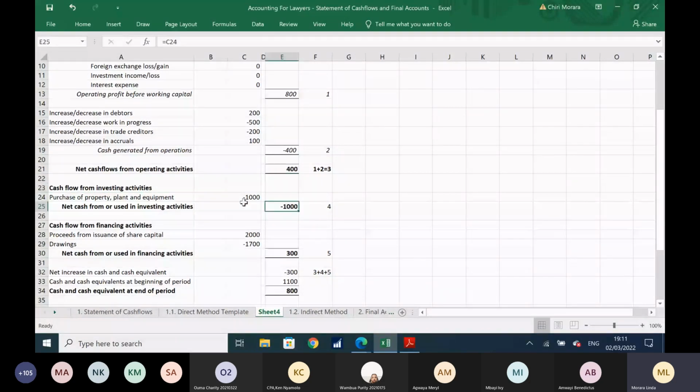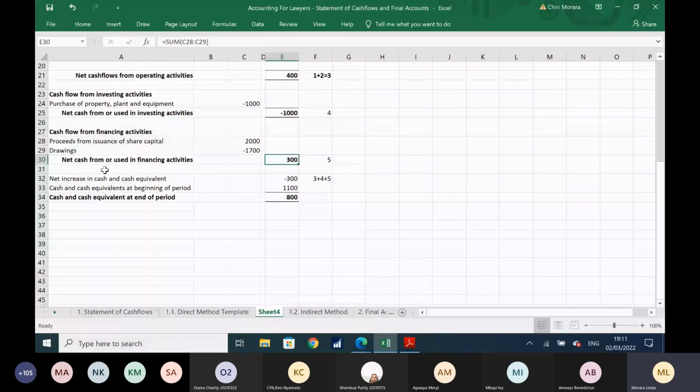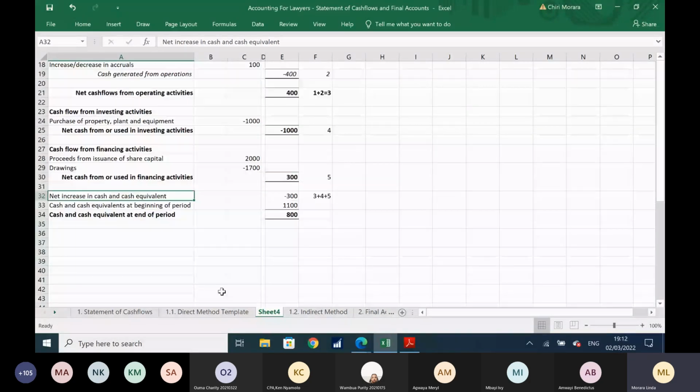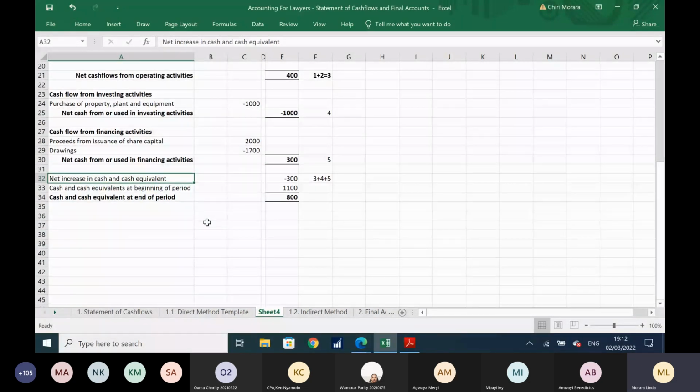Financing, the total was 300. For you to get the total cash flows, the net movement for that year, you're summing the totals from each of the 3 categories of cash. Just for this year, the net movement is 300. But at the beginning of the year, the money that we had was 1,100. So you sum it up, which should give you what you have as you speak.